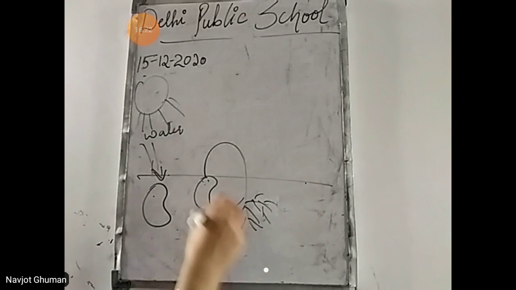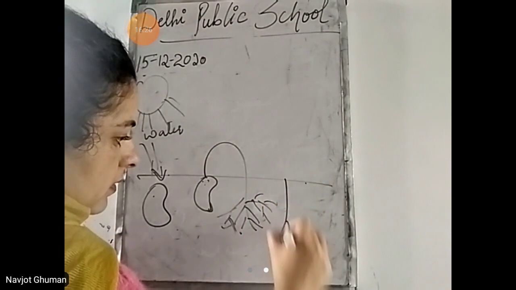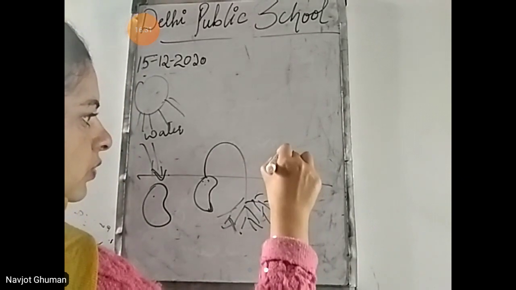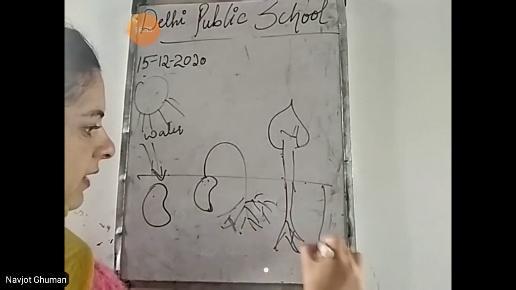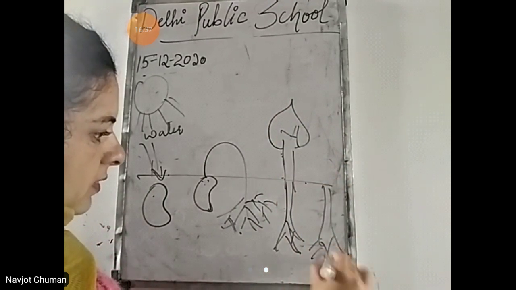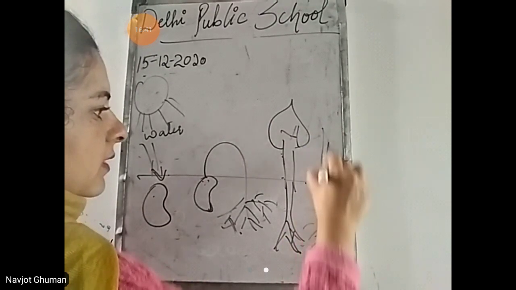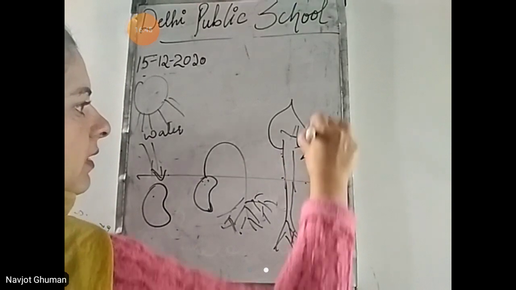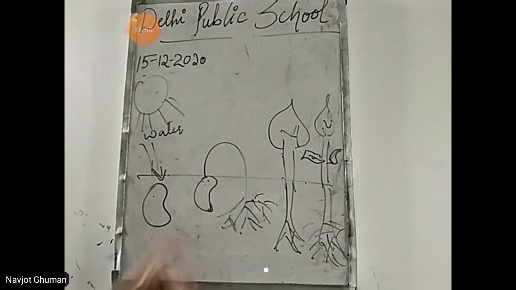Roots निकलनी शुरू हो जाती हैं उसमें से. After that, शूट बननी स्टार्ट हो गई. And after a few days, it has given rise to a new plant. इससे एक नया प्लांट बन गया. That is called germination. So this is the process of germination.